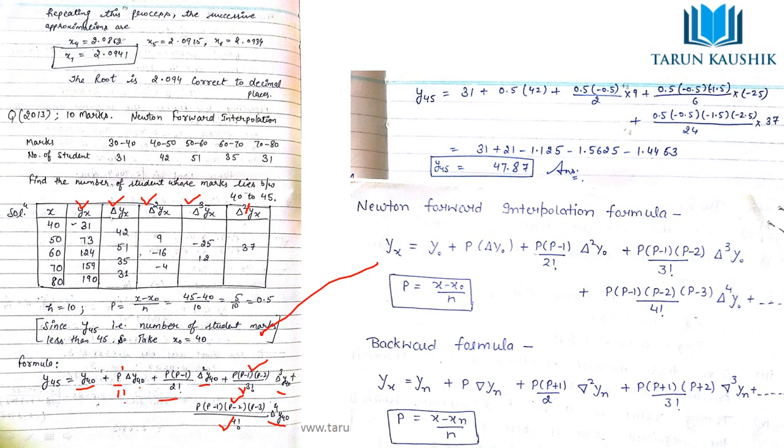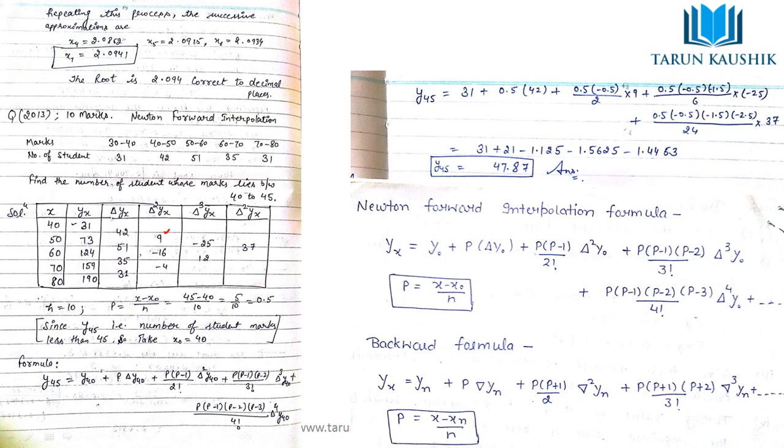Now you understand. Okay, now you already know the values. What is y40? What is the value corresponding to 40? That is 31. So I have put this 31 over here. What is del 40? This is the 42. For this we will be taking the first values. Minus 31, 42, minus 9 or plus 9?